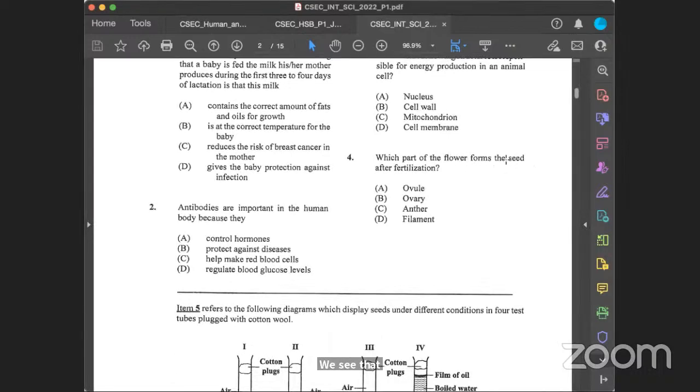What forms the seed after fertilizing? I love this question. I will beat people for this question. What's the answer here? Which part of the flower forms the seed after fertilization?